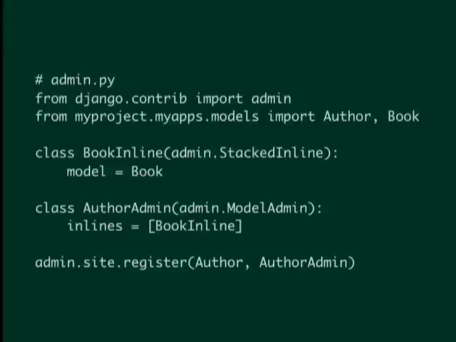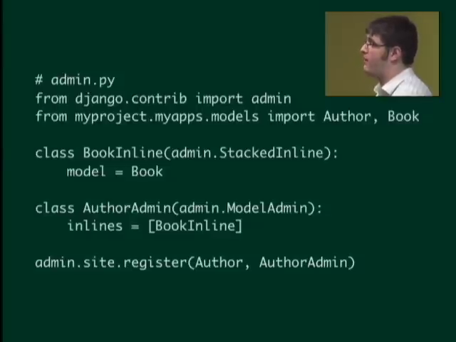So the way you would do it now is you have the book inline class, which subclasses admin.StackedInline, and you have a model option. You can just pass in the model you want there, and then you hook up that class on the author admin, and then you just register the author admin like I was showing before. So you can obviously have multiple different inlines on a particular model admin, which makes it really easy to have many different pieces of content that you can edit all on the same page.